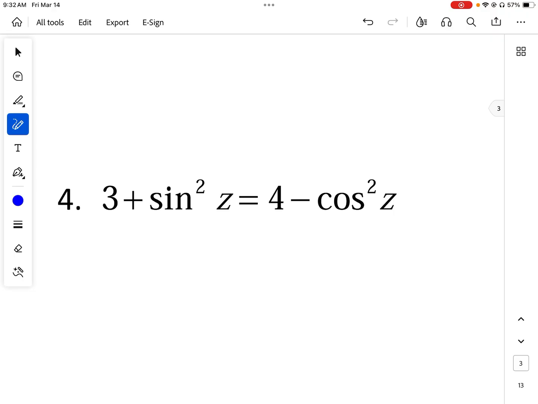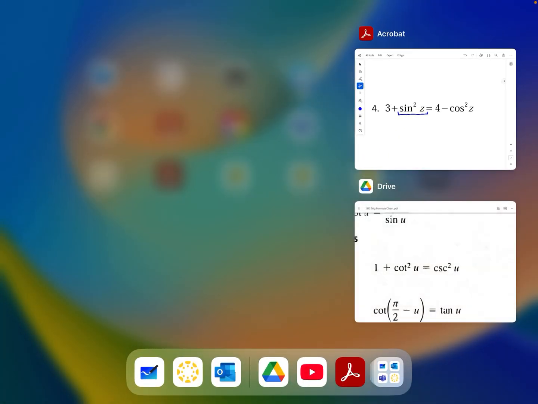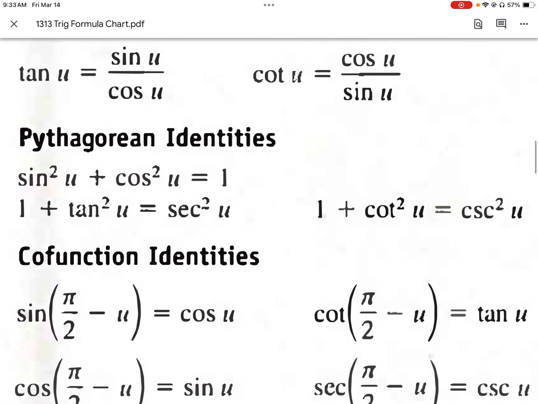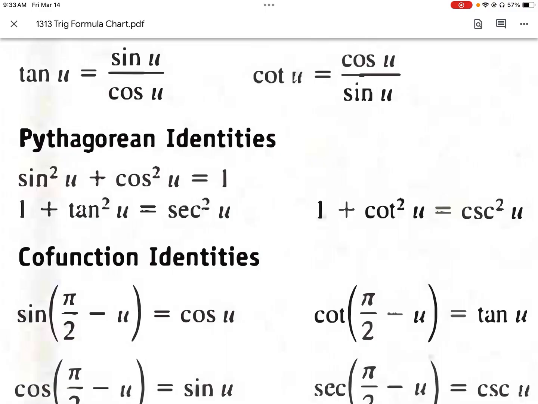Okay, so we want sine to change into cosine. We have this squared. We have 3 there. So let's look at our Pythagorean identity. In order to get sine, we would subtract cosine on both sides.